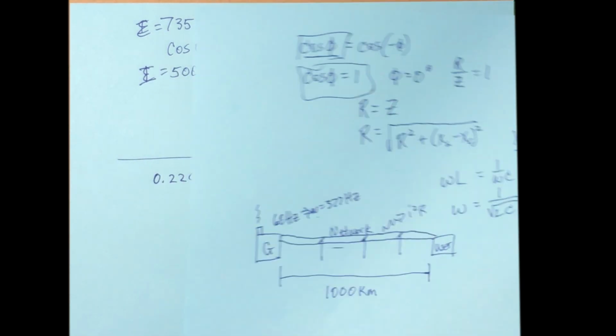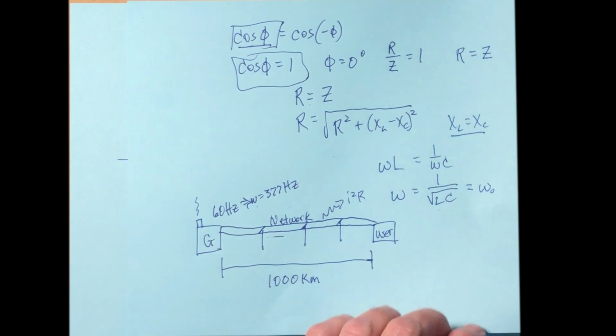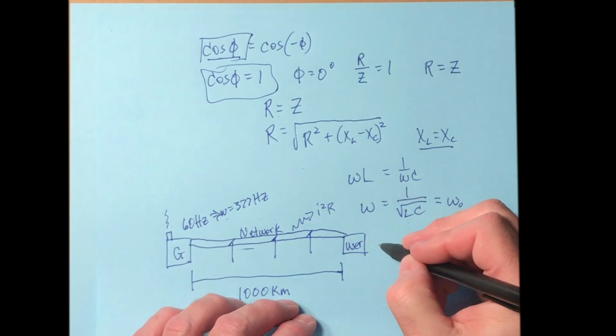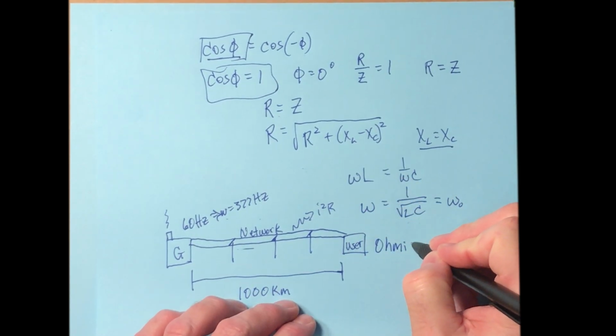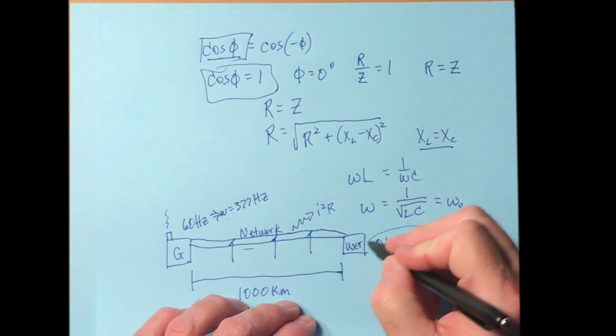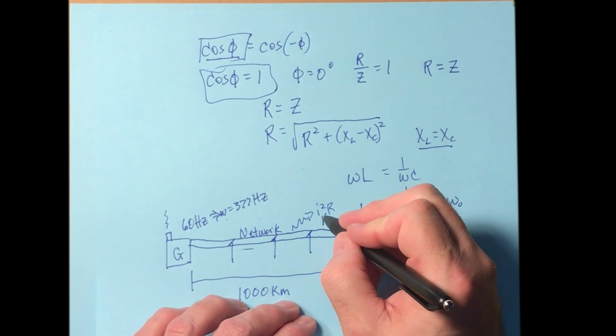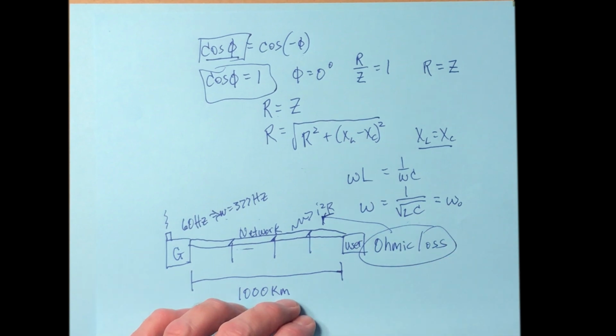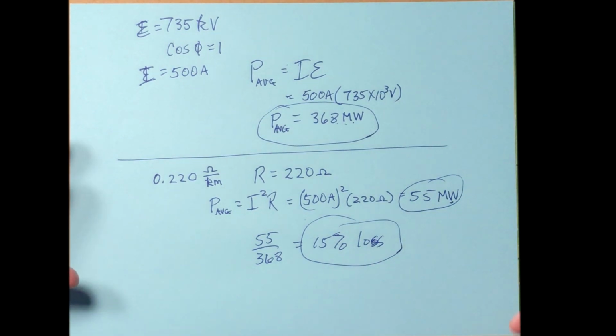But the other problem is the ohmic loss. Ohmic loss is due to just the nature of resistance: when you pass a current through it, you have energy lost at a rate of I squared R. And in this case, it's 15%.